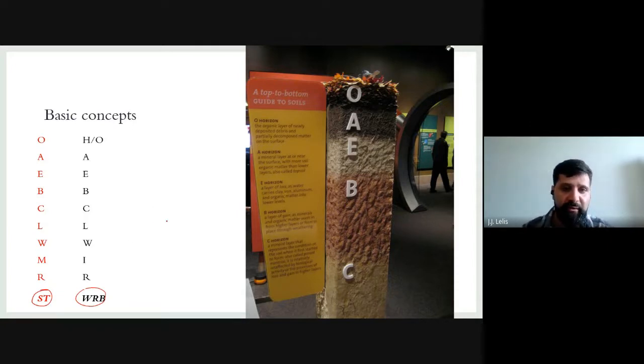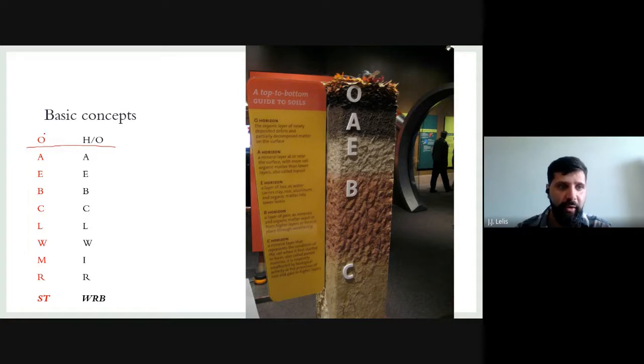So we just use these two, because the Brazilian system of soil classification is very particular to Brazilians. In general, non-Brazilians don't know how to use the Brazilian soil classification system. Okay, so let's start. We have these organic horizons or layers.